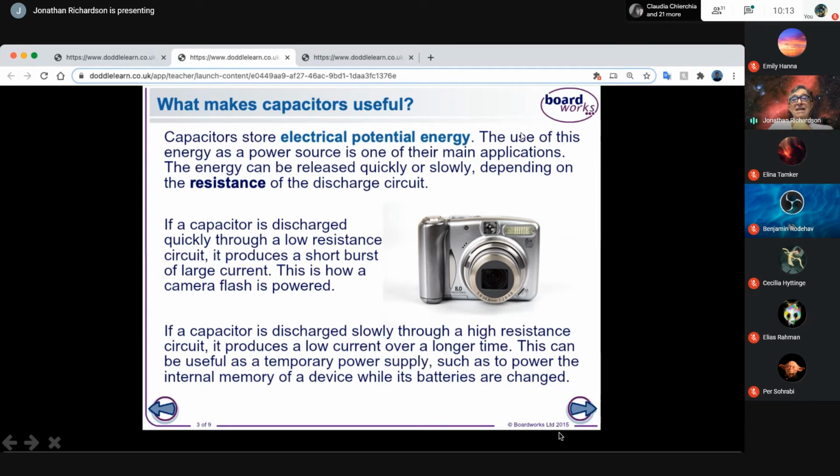Of course, they need the batteries, but you would be able to overcome any instantaneous errors. If you went over a bump and a battery lost its connection or something happened, then they would maintain the power for a very short period of time.